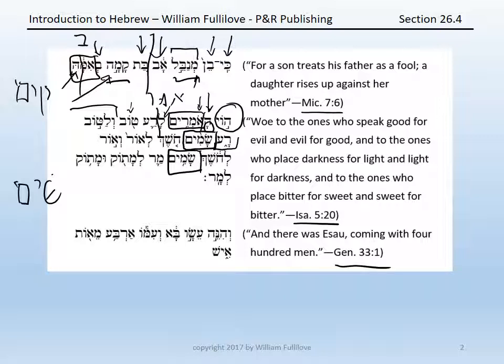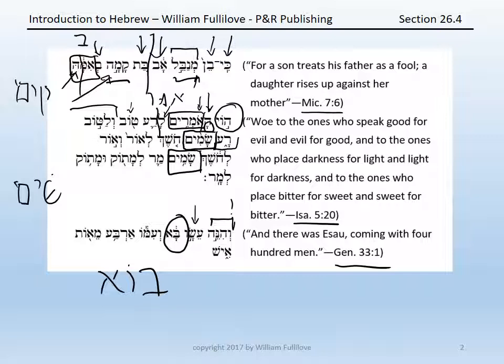And third, Genesis 33 verse 1. V'hine Esav ba, v'imo arba me'ot ish. And look and see, so vav, the connector, plus hine, Esau, the proper noun, ba. Now remember, this form could formally be either a Qal participle masculine singular of bo, or just by form alone, it could have been a Qal perfect third masculine singular of bo.